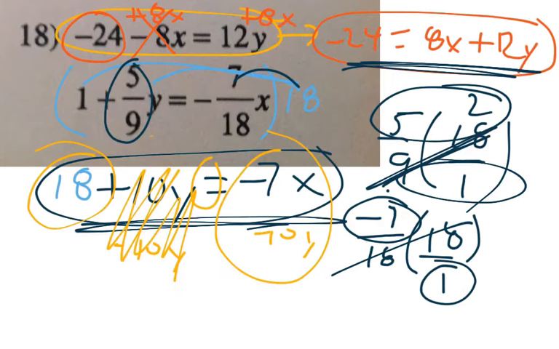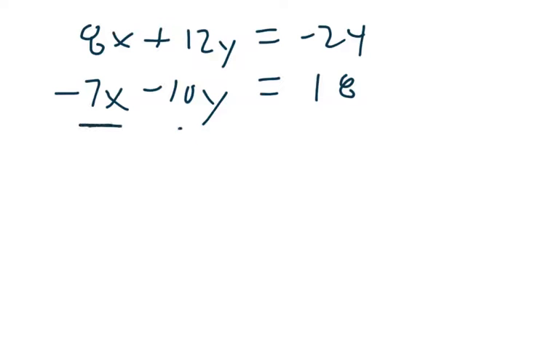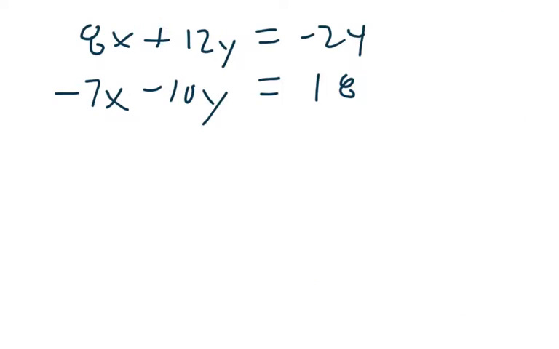Let me double check my work. Does everyone agree that's negative 7x? I did minus 10y on both sides, hence negative 7x minus 10y. And then, of course, I have an 18 constant on the other side of the equals. Again, all I did was flip it around, so both equations now are in standard form.